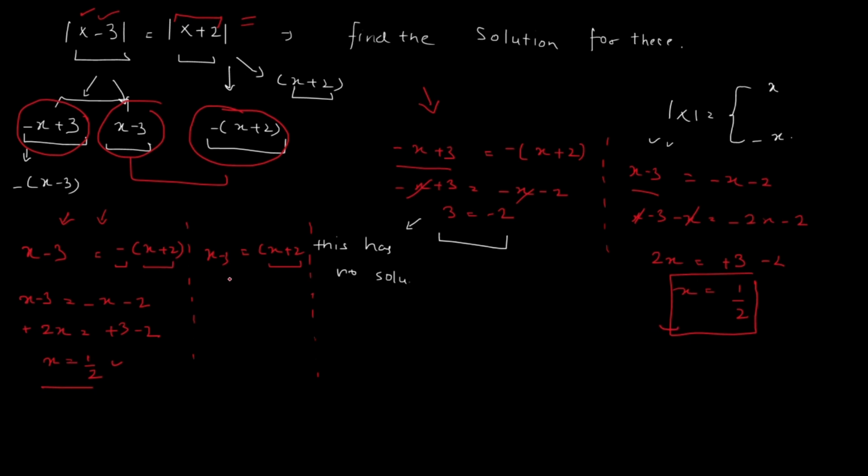Now let's try this. x gets cancelled on both sides, so minus 3 equals 2, which is never possible. So this has no solution.